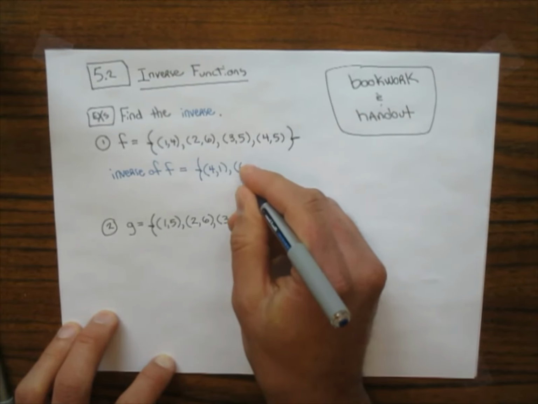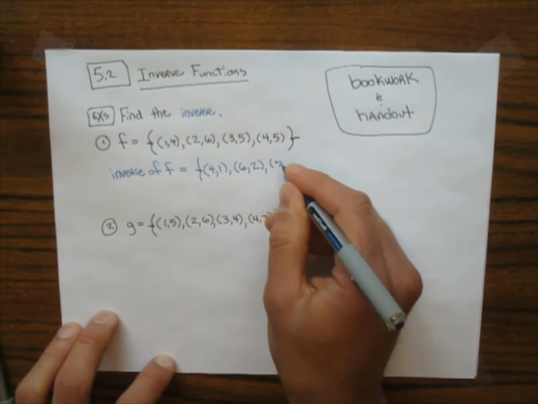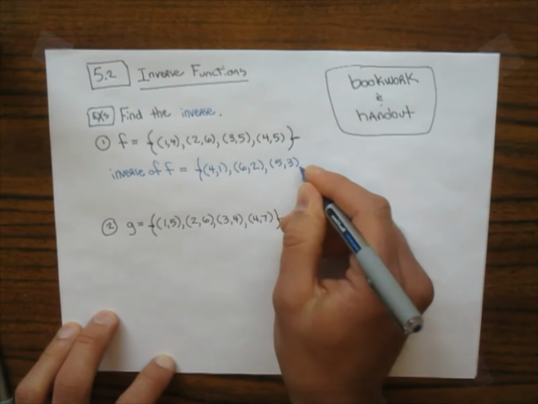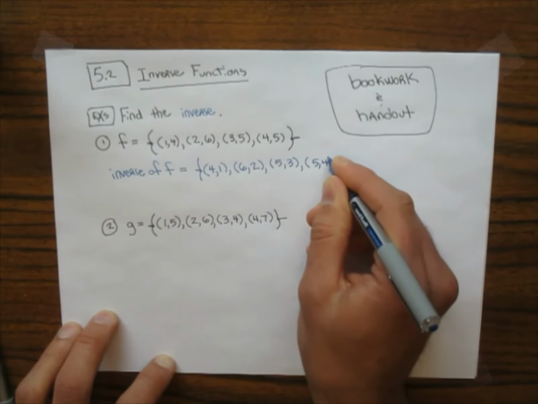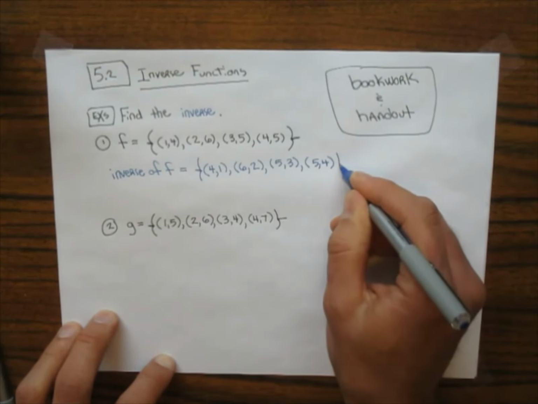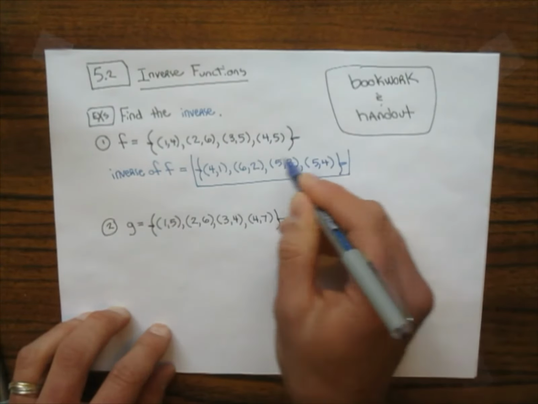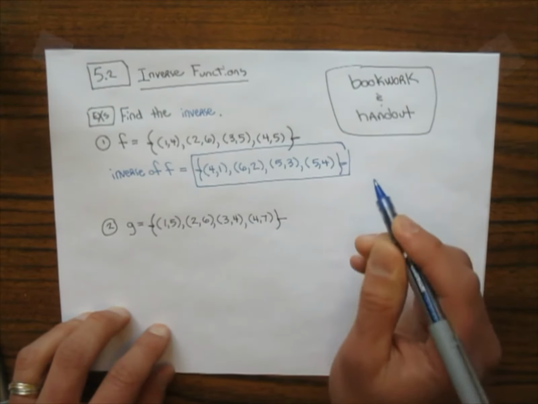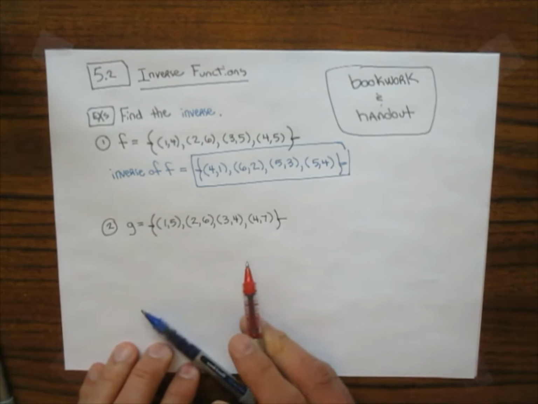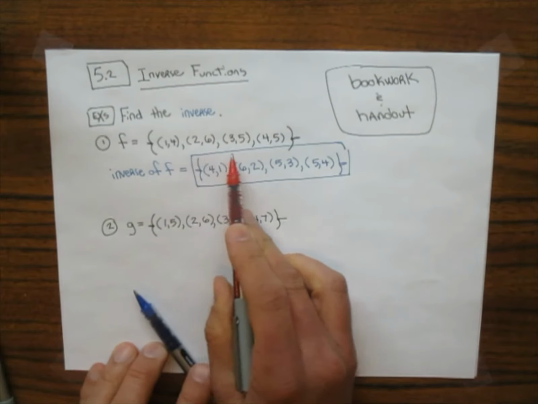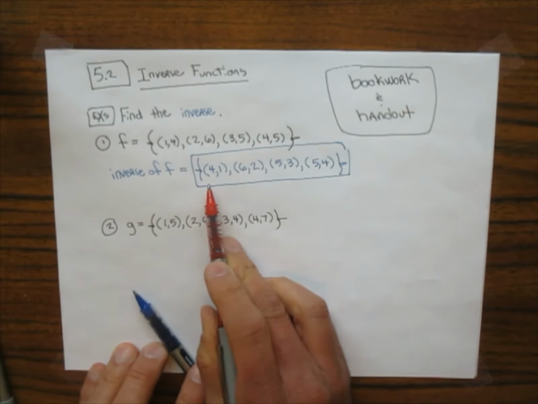The next one would be 6, 2, 5, 3, and 5, 4. That right there is the inverse of function f. Now, the deal about the inverse of a function is the inverse might not be a function.